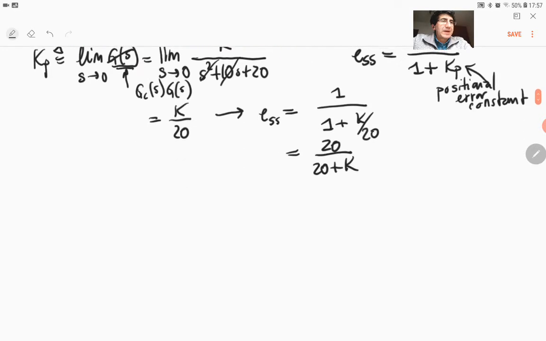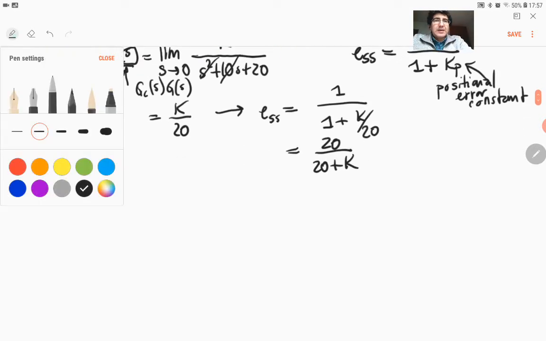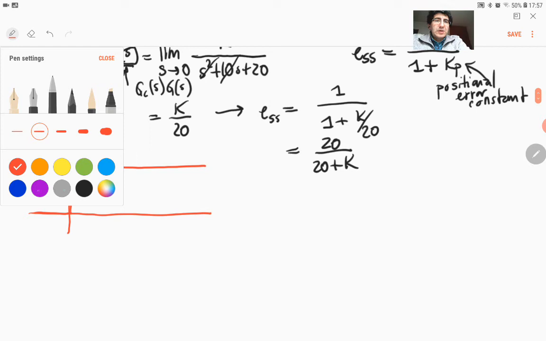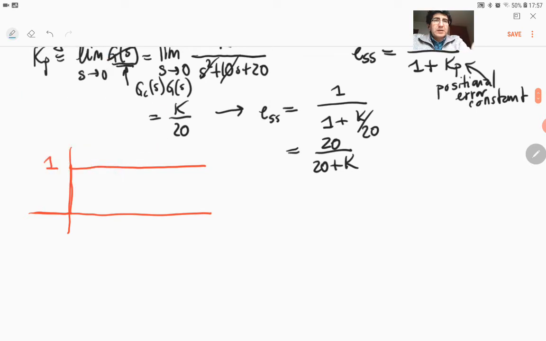So what we mean by that is that because it's a positive number, if we apply a unit step input, what we will have as the output will basically look something like this, right?